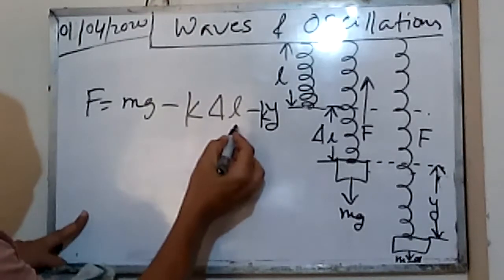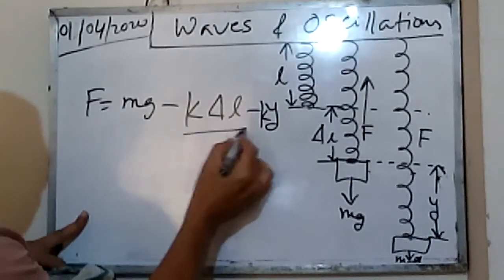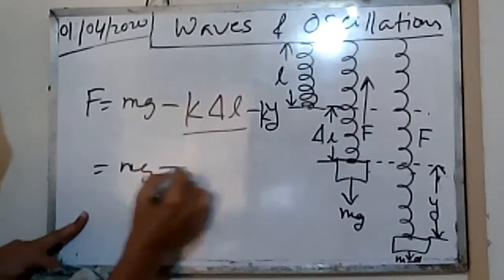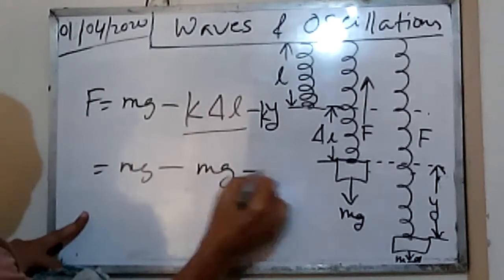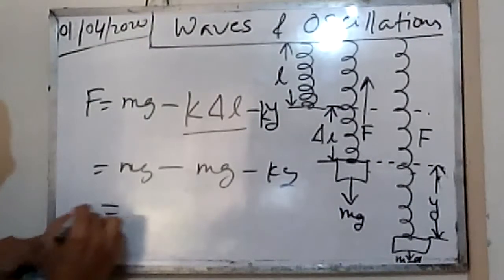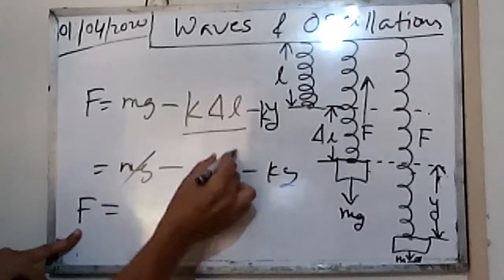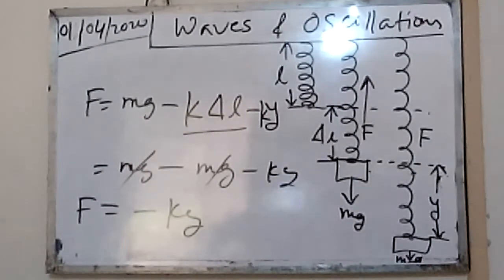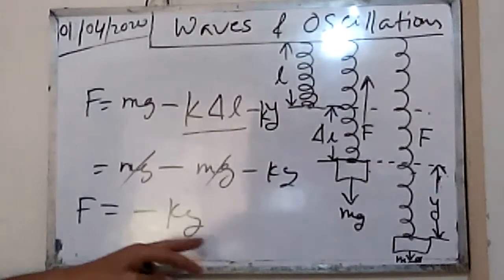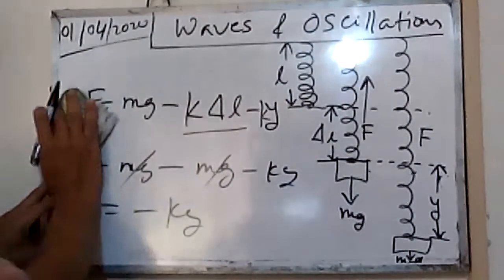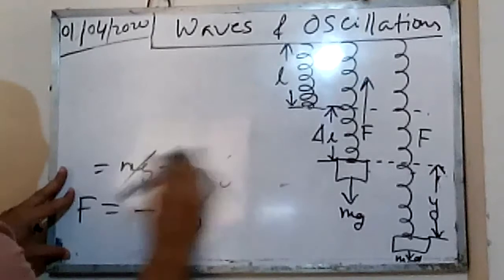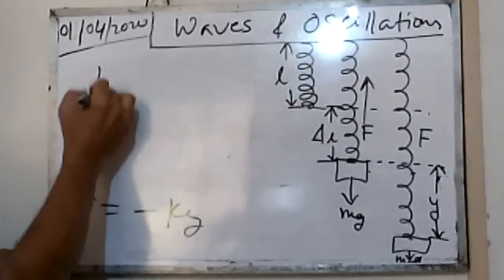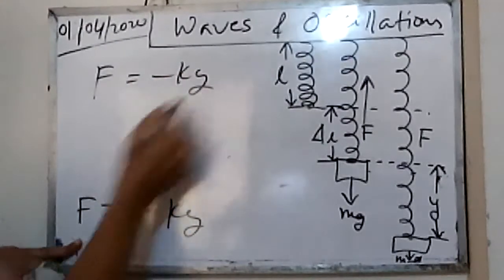But we know K del L equals mg. So F equals mg minus K del L minus Ky, which gives F equal to minus Ky.